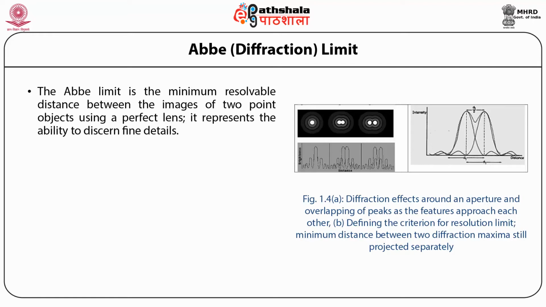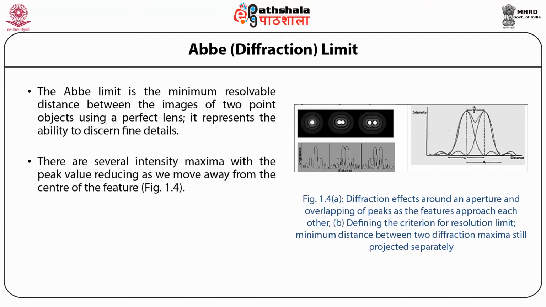In any magnifying system, a point object, that is zero diameter, cannot be imaged as a point but as a bright disk with several subsidiary intensity maxima. There are several intensity maxima with the peak value reducing as we move away from the center of the feature.